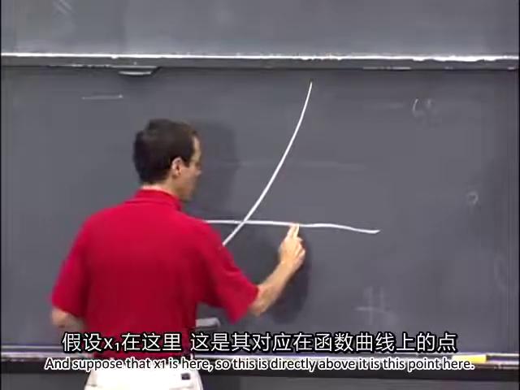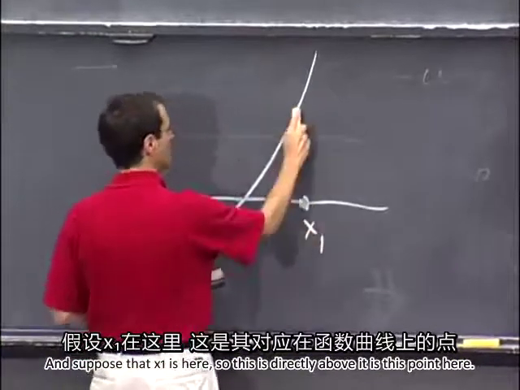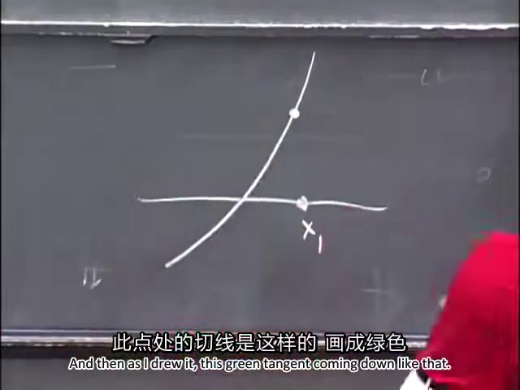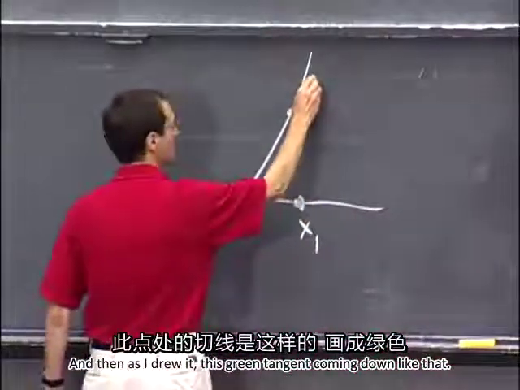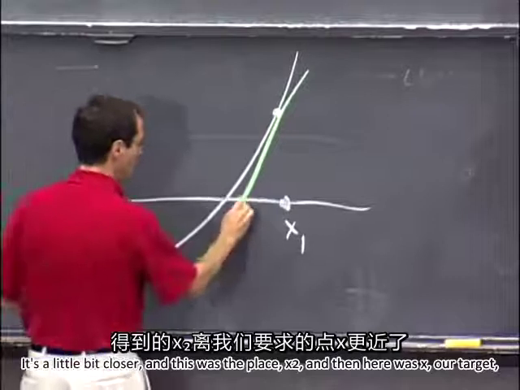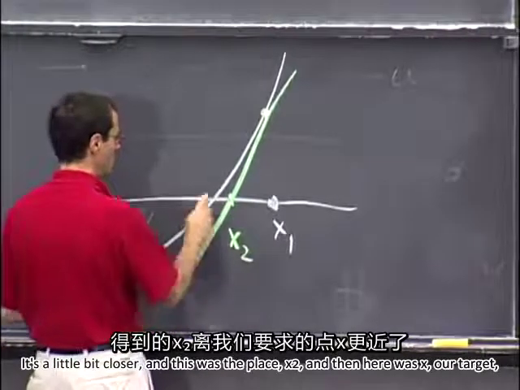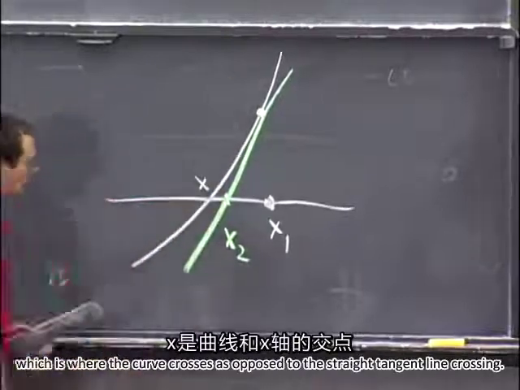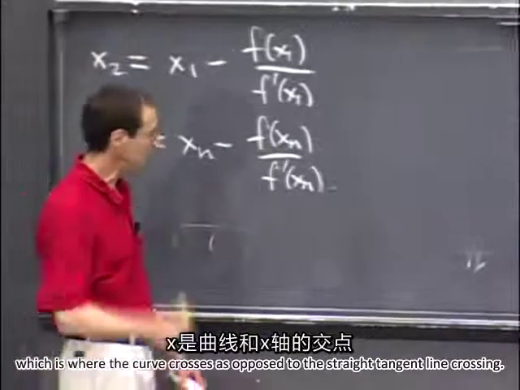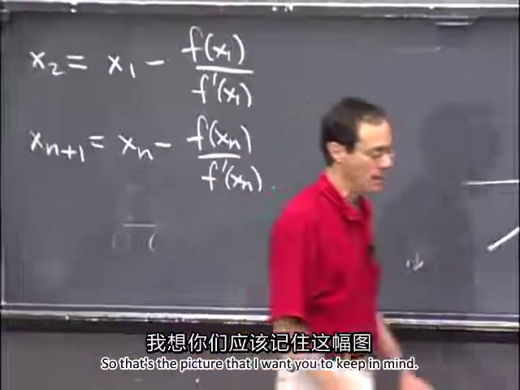And suppose that x1 is here. So directly above it is this point here. And then as I drew it, this green tangent is coming down like that. It's a little bit closer. And this was the place x2. And then here was x, our target, which is where the curve crosses as opposed to the straight tangent line crossing. Okay? So that's the picture that I want you to keep in mind.